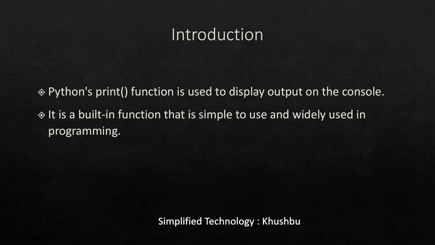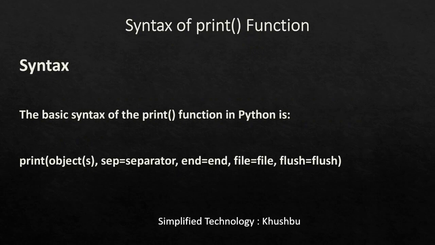It is simple to use and widely used in programming. We don't have to write the code for this function. We can just start using this function by calling it directly because its definition is already stored in the libraries of Python.